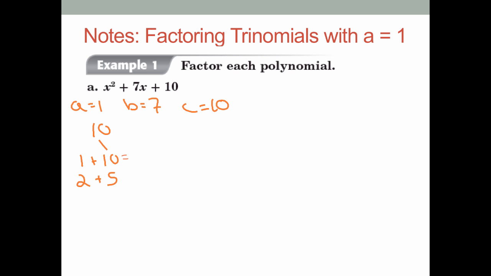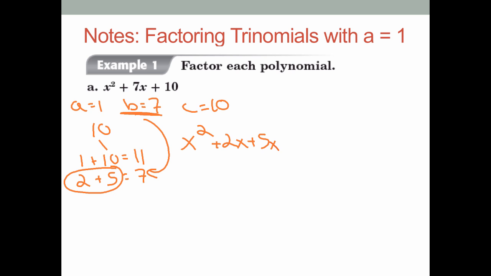The ultimate goal is for it to equal the b term. In this case, it's the 2 plus 5. So what I do, I replace the middle term with those two terms. You'll notice that this 7x here gets broken down into 2x plus 5x. I haven't changed anything, I've just expanded it.